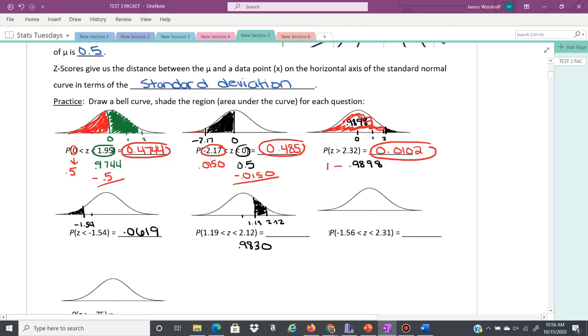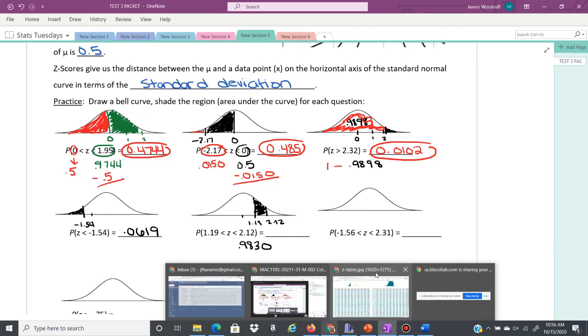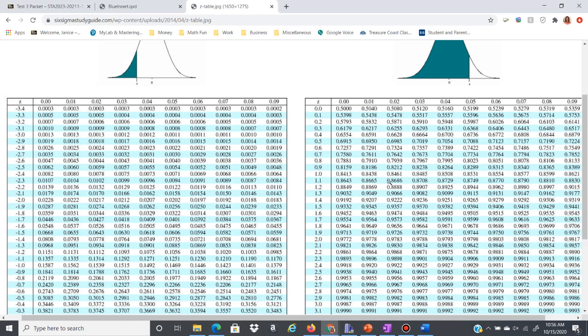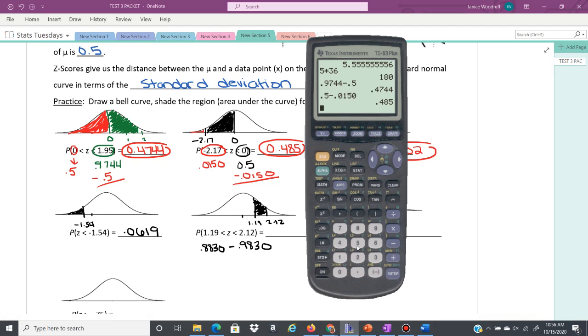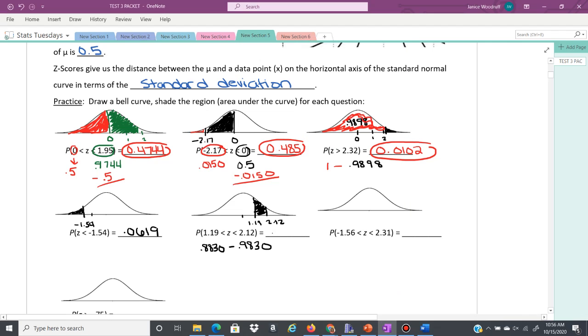Okay, then 1.19. Here's 1.1 to 9 is 0.8830. Okay, then subtract. You can subtract like this. It's going to give you a negative number, but then you just turn it positive. Okay, negative 0.1. It's just positive 0.1 because probability cannot be negative.